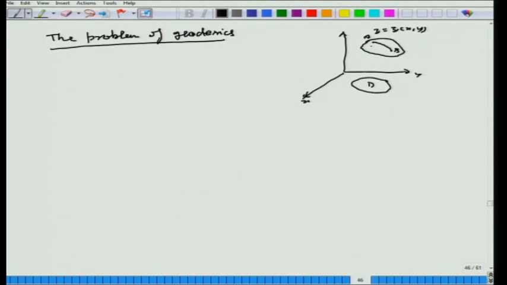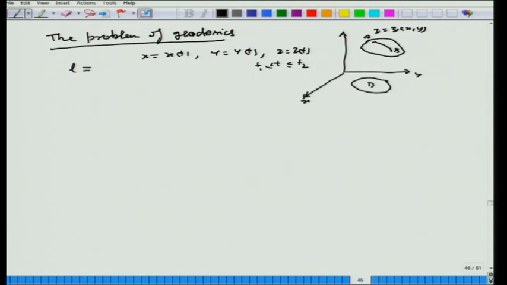So, how do we formulate this as a problem of the calculus of variations? Here we know that again this length formula will be given by the length of the curve. On this surface we can parameterize this curve like x of t, y of t, and z of t, and t has the range between t 1 to t 2.